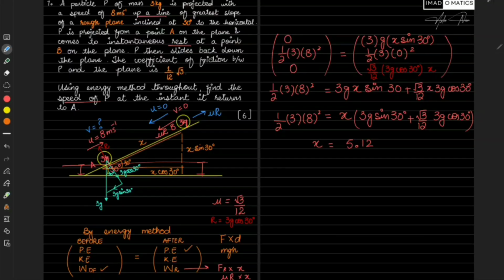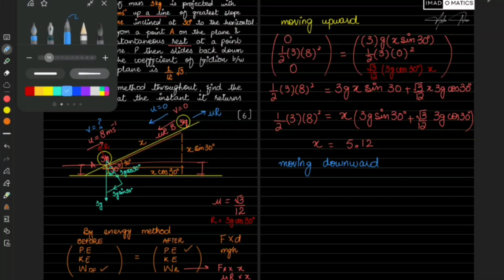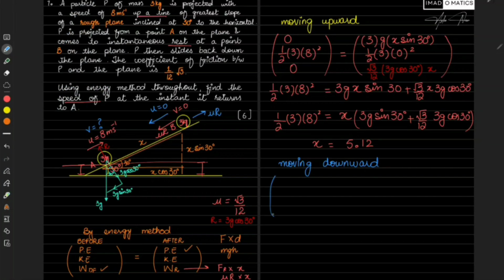So now we are going to apply the energy method again for the body moving downward. Initially we applied this energy method for moving upward to find the distance it has covered, and now this body is again moving downward and we need to find the velocity at the end of this journey. So let's take that again.